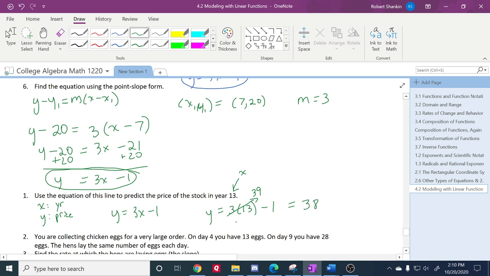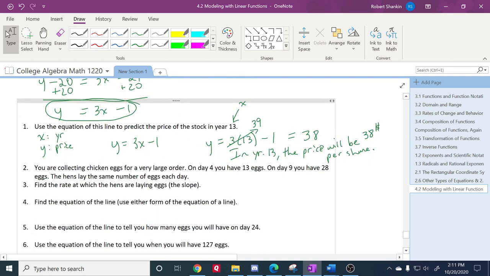So, in year 13, the price will be $38 per share, if it kept rising at the same rate. All right.